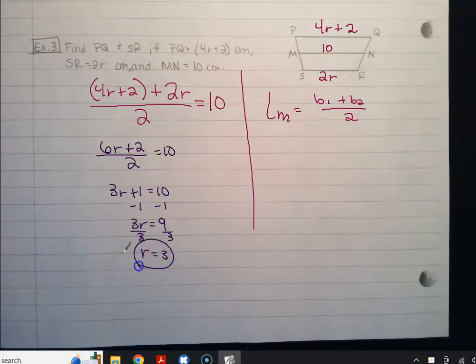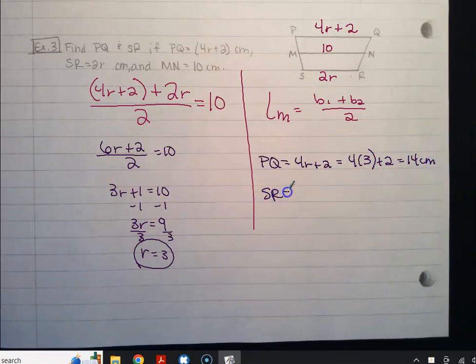All right, so if r equals 3, what do we need to find the lengths then? Yeah, so PQ is going to equal, instead of it being 4r plus 2, it's going to be 4 times 3 plus 2, so 14 centimeters.